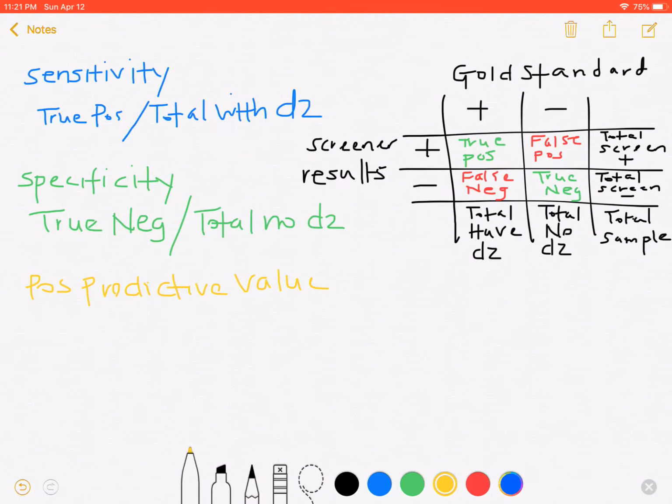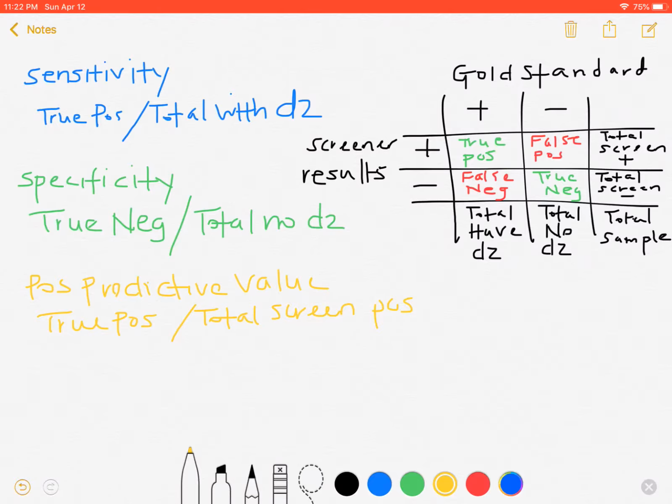And what this is, it looks at your number of true positives over your total who screen positive. What this is going to tell you is if you have a positive test result, how likely is it that you actually have the disease? How accurate is a positive test result?